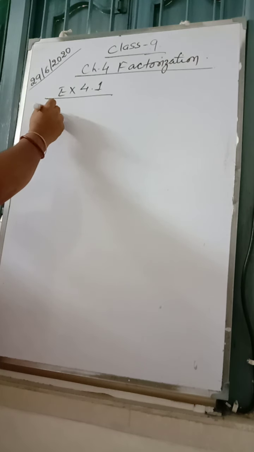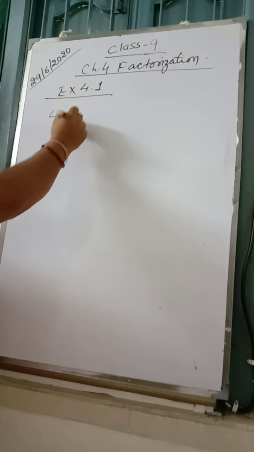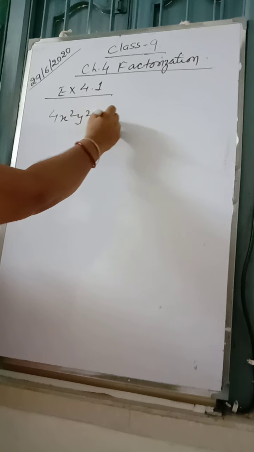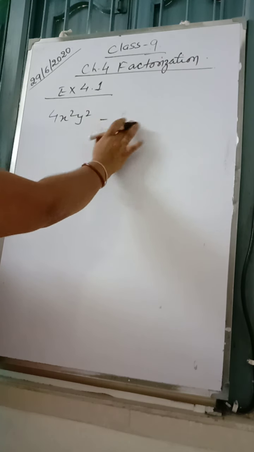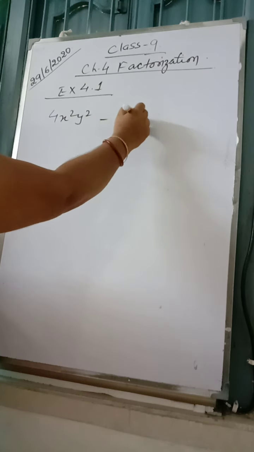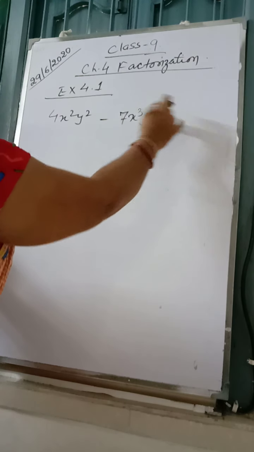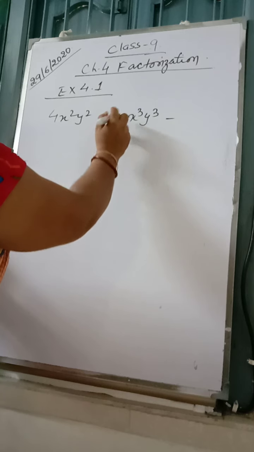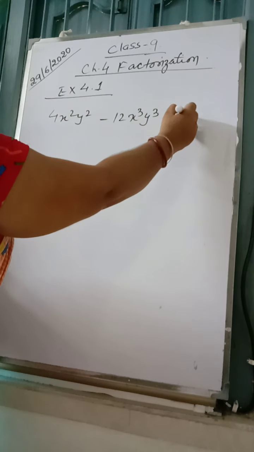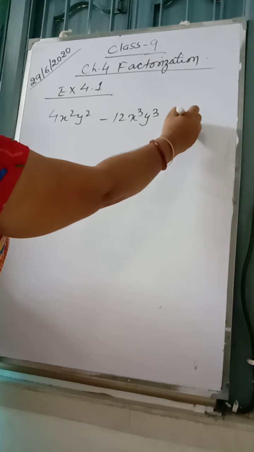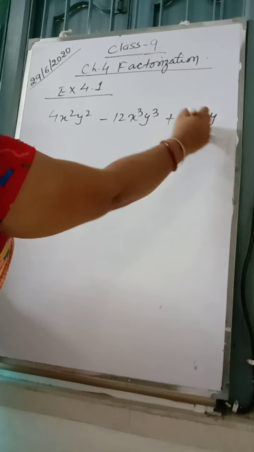When we are given two or more terms in an algebraic expression, for example, 4x square y square minus 7x cube y cube minus, or maybe you can take it 12 plus 16xy.